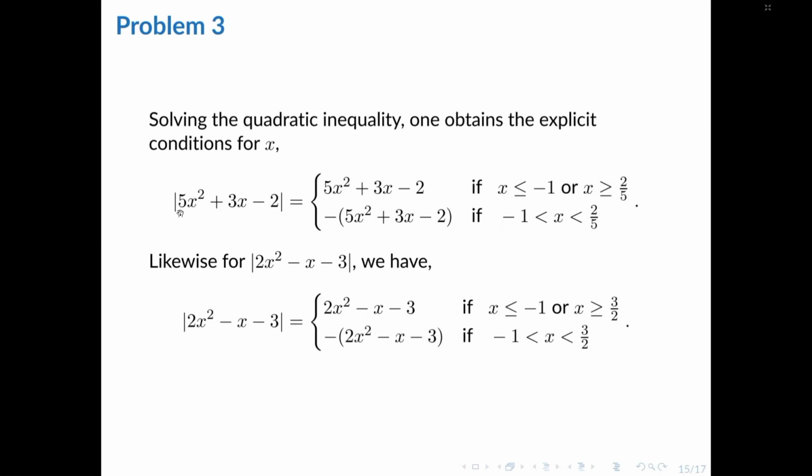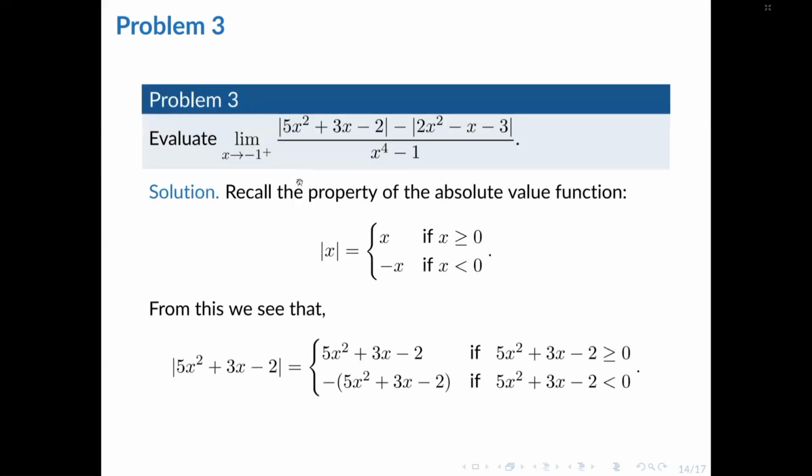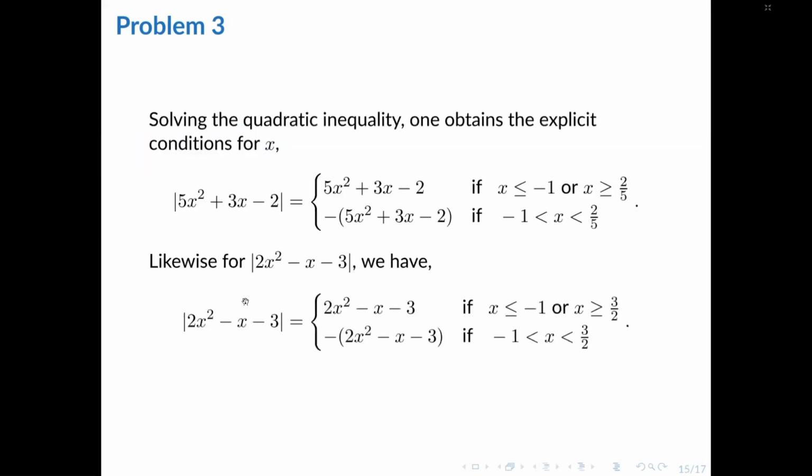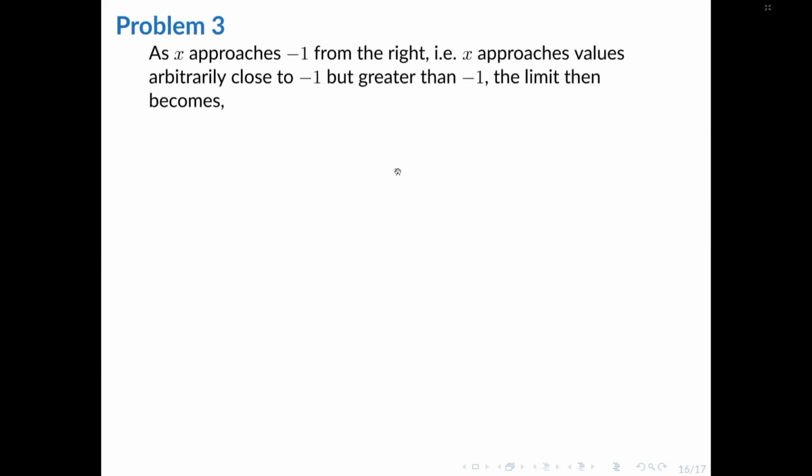Or this function can be equal to negative quantity of 5x squared plus 3x minus 2 if x is greater than -1 but less than 2/5. So doing this to the other expression, we get this piecewise function.